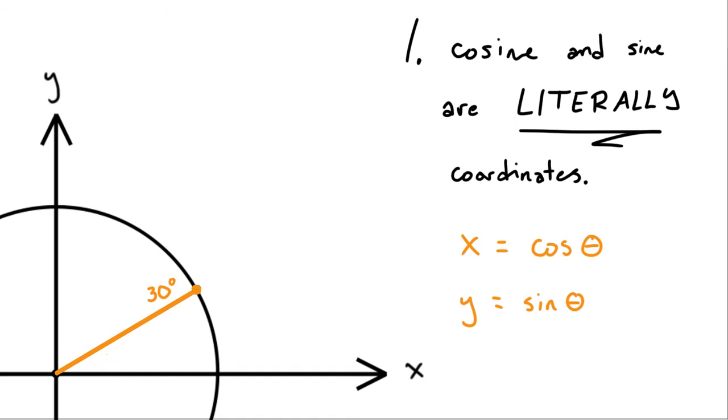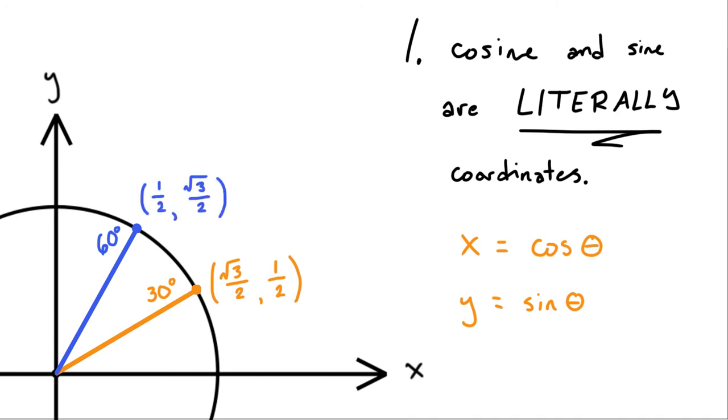Going back to our trig functions, 30 degrees has a cosine of root 3 over 2 and a sine of 1/2. Meanwhile, 60 degrees has a cosine of 1/2 and a sine of root 3 over 2. So if you're trying to memorize these from scratch, it might be easy to get these mixed up. After all, it's the same numbers being used, and the only difference is which one is the sine and which one is the cosine.